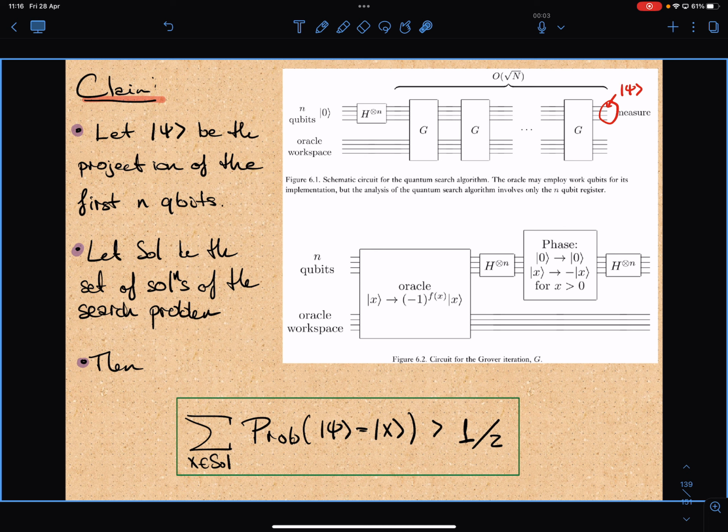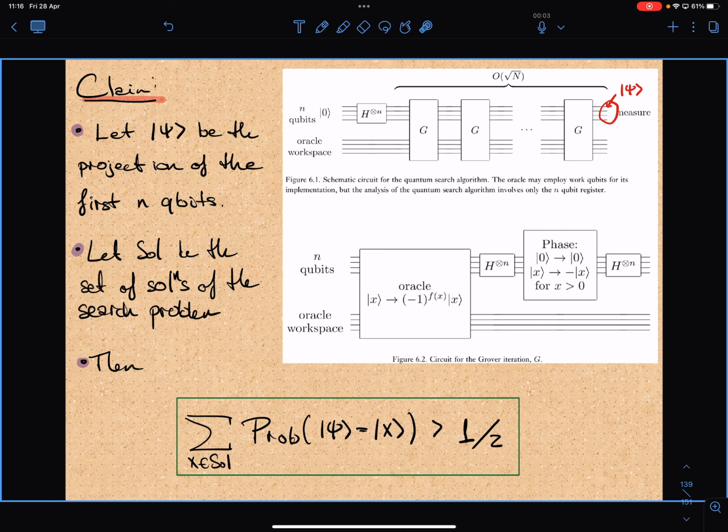Then another comment about this is that we are assuming that we know the number of solutions, but that's not always necessarily the case. And in those cases, there's another quantum algorithm to figure out the number of solutions.